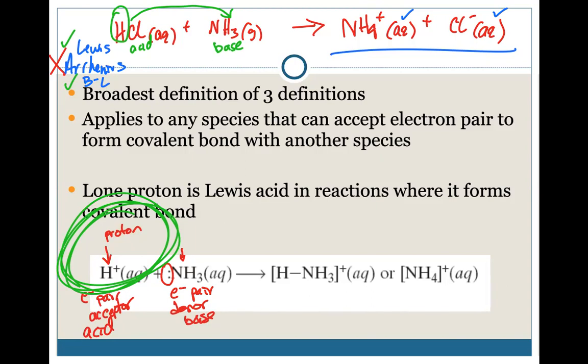It makes sense if you think about it, because the narrowest definition is Arrhenius and the widest definition is Lewis. Because Lewis is the widest definition, not all Lewis acids also apply to narrower definitions. It makes sense in my head, I just don't know how to explain it.